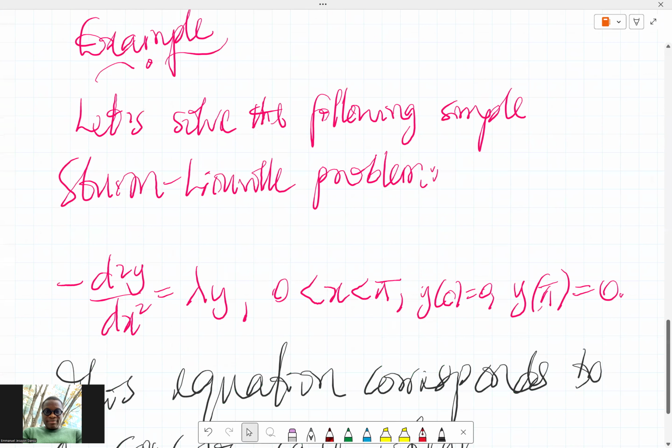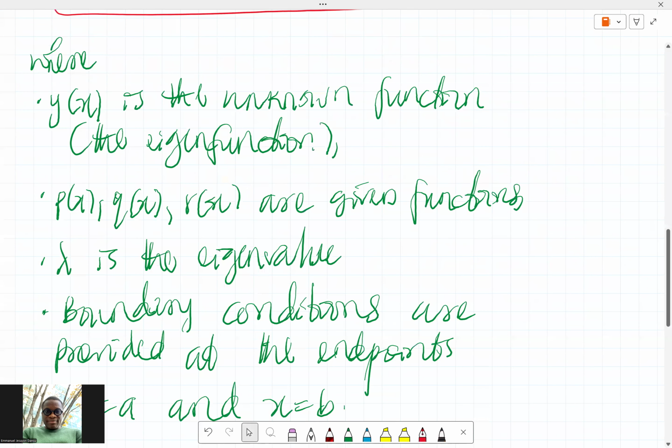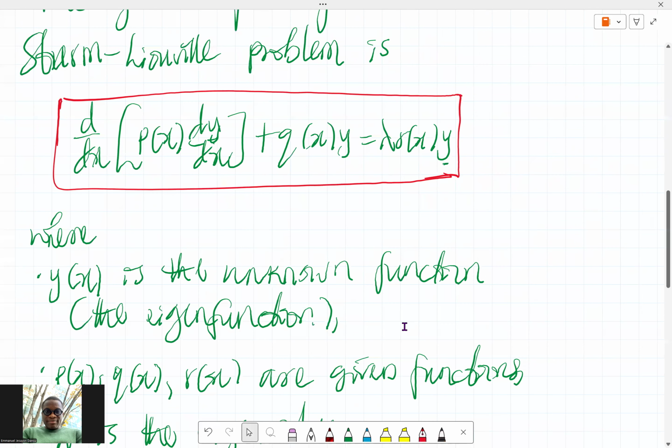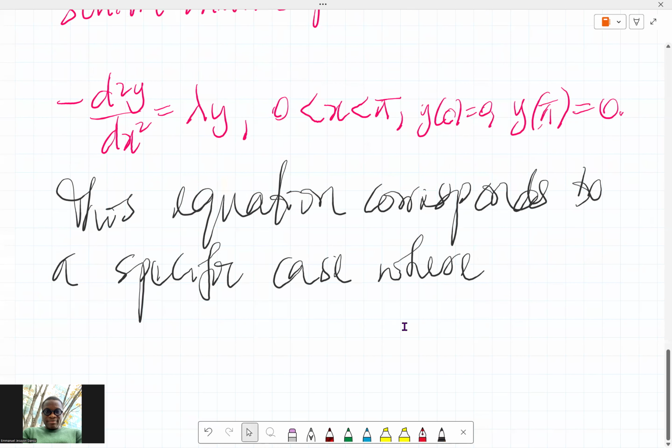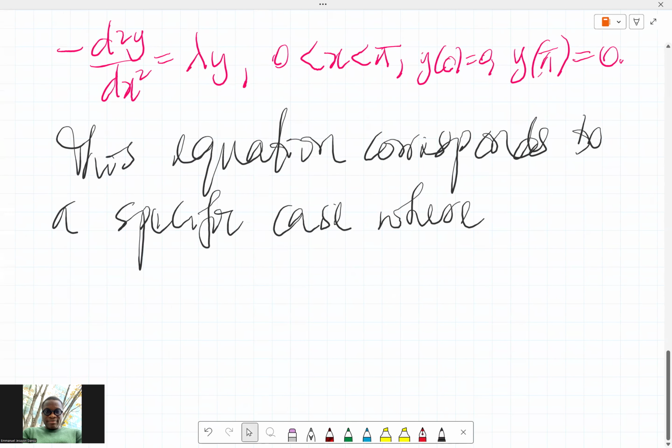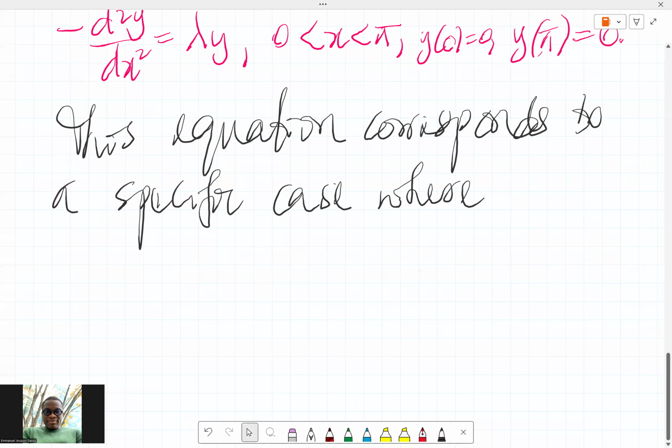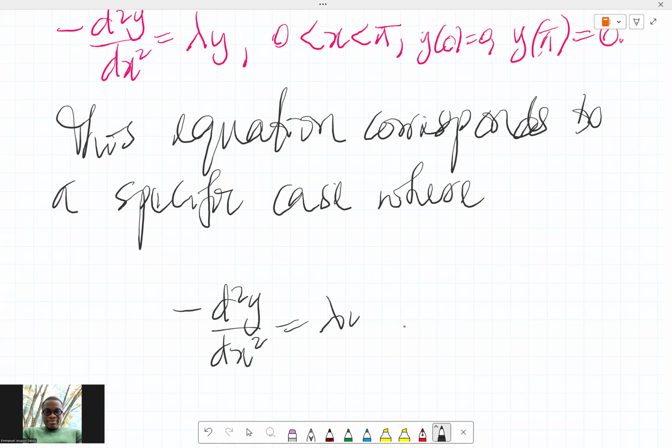That's like d dx of 1 times dy dx. So let me try to write it that way. This is minus d squared y dx squared equals lambda y.